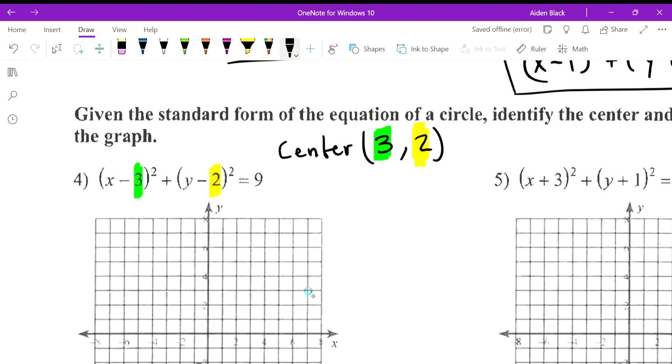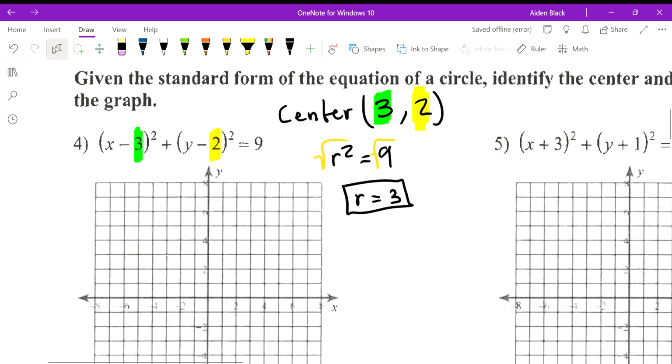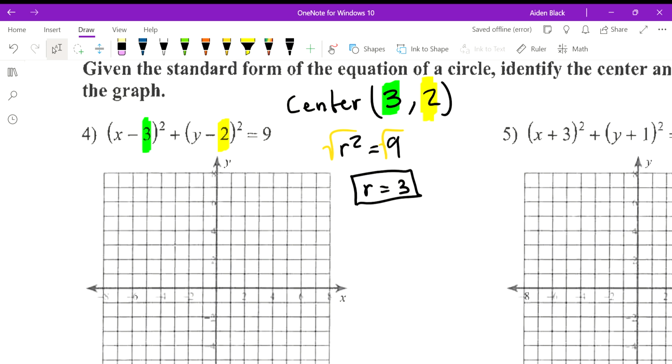This is the radius squared, 9. So you've got to take the square root of both sides to find the actual, just plain old radius. If the radius squared is 9, then the radius is 3.